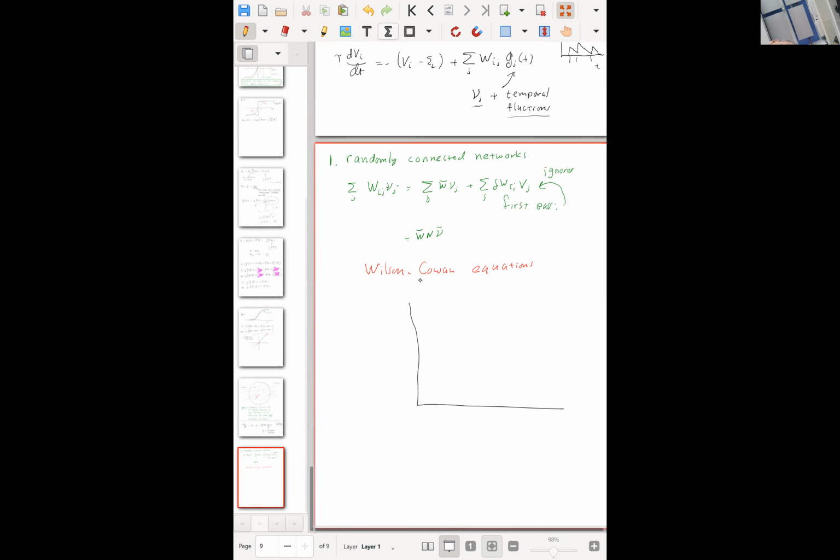If this is nu E and this is nu I, hopefully this looks familiar: we had nullclines that look like this.